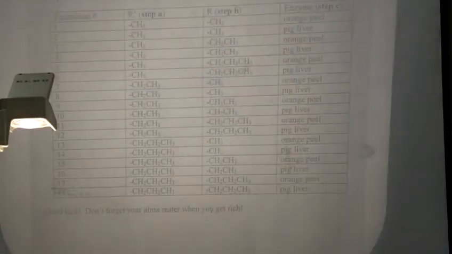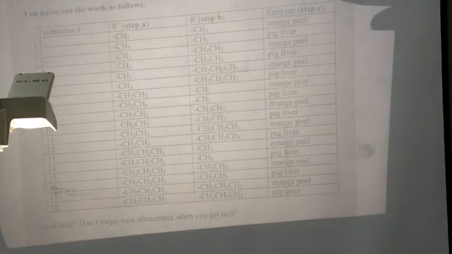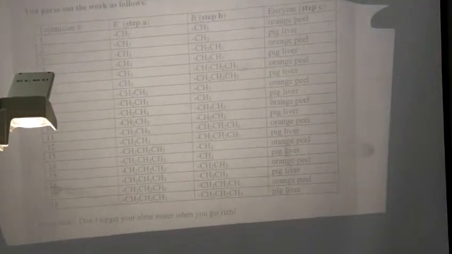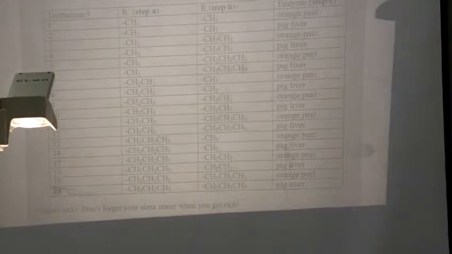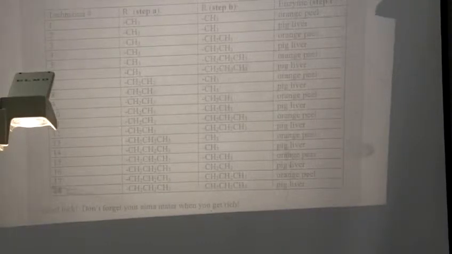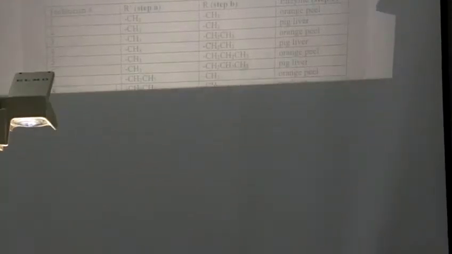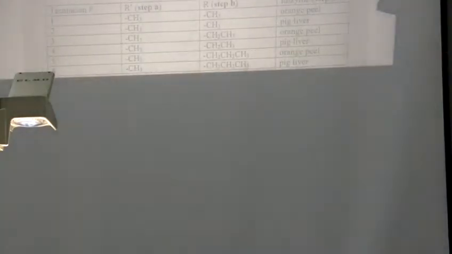So if you looked in experiment 20 in your lab manual, because we're only going to use the R prime methyl groups, instead of having 18 possibilities for this experiment, so had we had all possibilities, basically every class would have one of each with maybe a duplicate or 2, we're going to narrow it down to 6 possibilities.